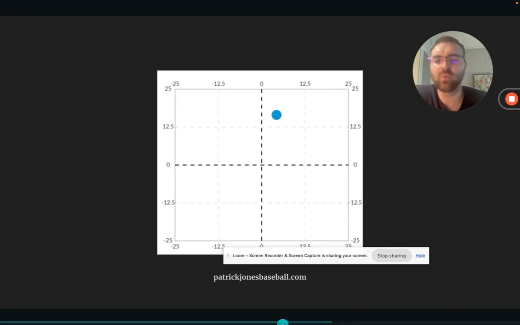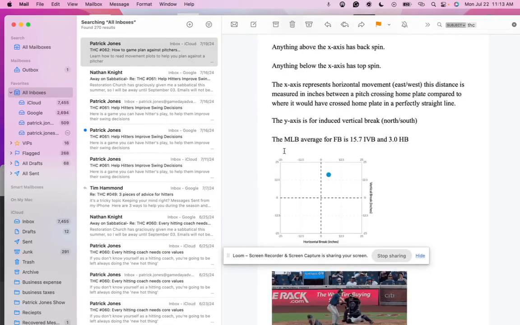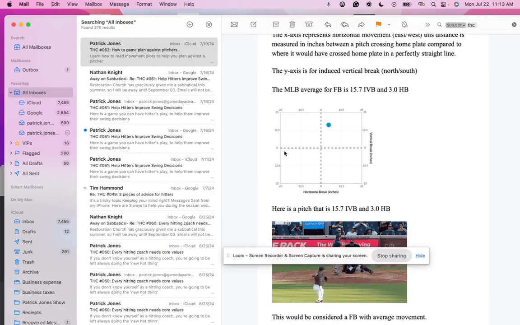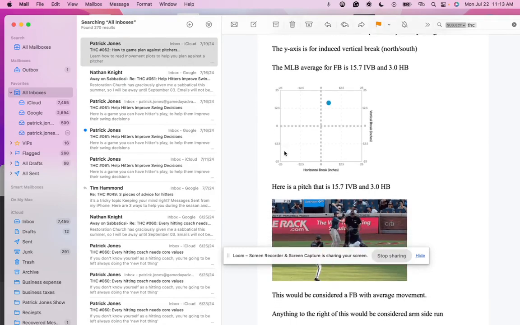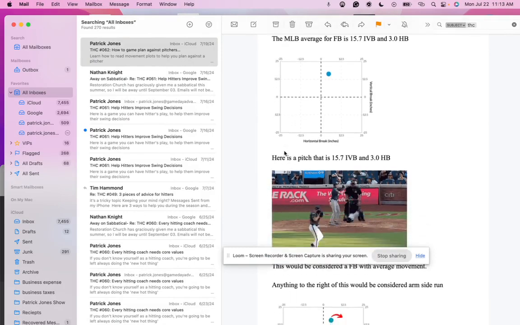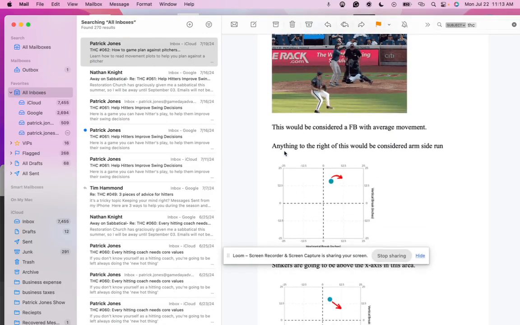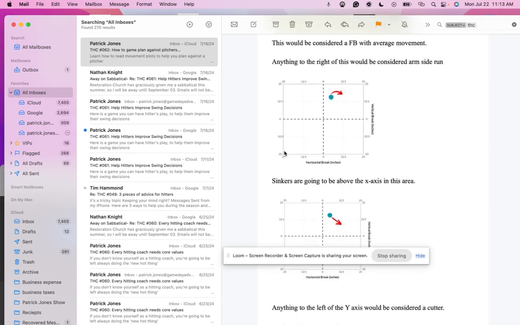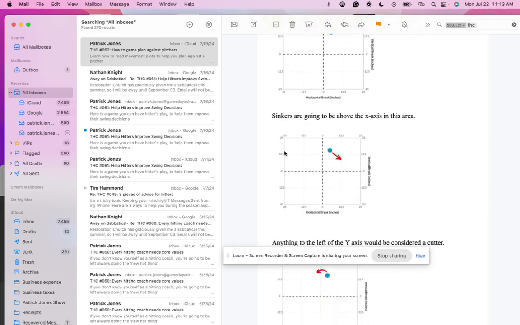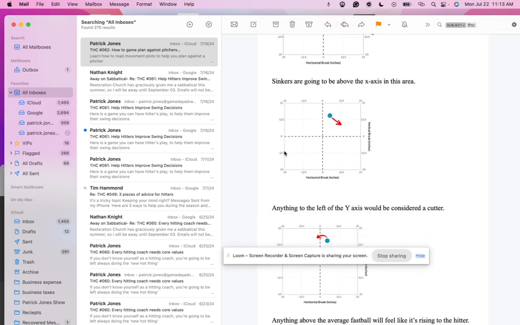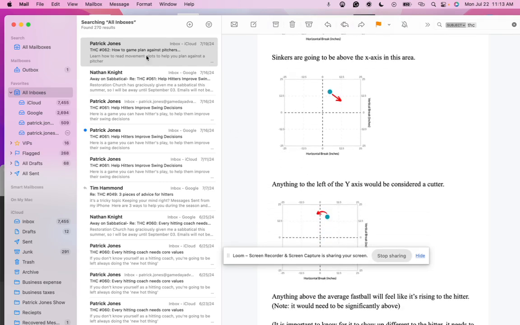Then the further up we get on these plots, we're going to have the average fastball, which is about 16 inches of induced vertical break. Anything to the right of that is going to be more of an arm side run fastball. Anything to the left of the y-axis is going to have more of a cut to it, so more of a cutter.